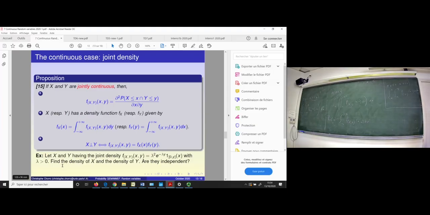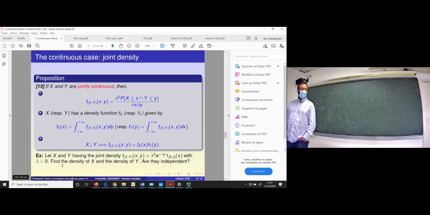And here, in the case of continuous random variables that are jointly continuous, you have a very powerful way to check if they are independent or not. They will be independent if and only if their joint density is equal to the product of the density of each component. And from now on, in order to prove independence in this case, it's what we are going to use: to prove that the joint density may be expressed this way. Okay.